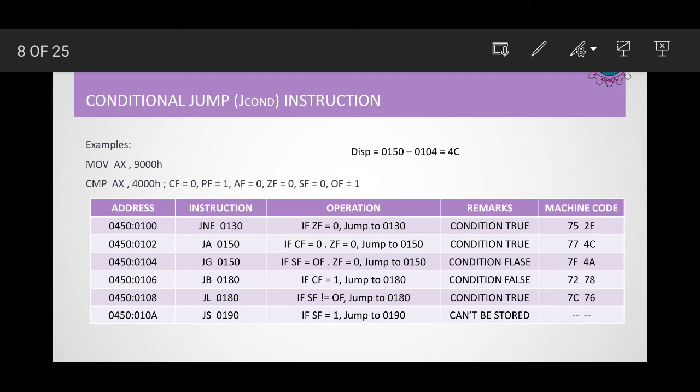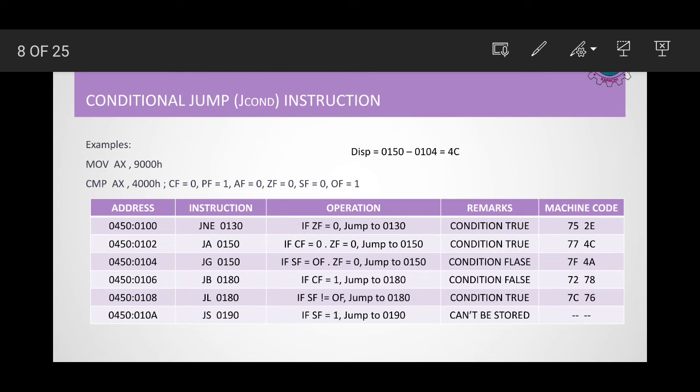For the jump above instruction, two conditions are to be satisfied. Carry flag must have logic 0, and zero flag must be 0. You may see here that both conditions are satisfied, so the jump will occur. Condition is true for this JA instruction.